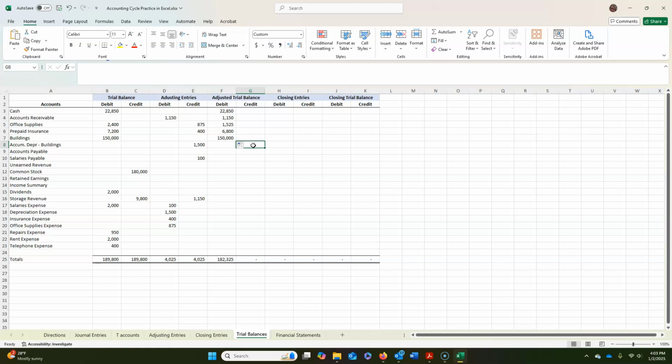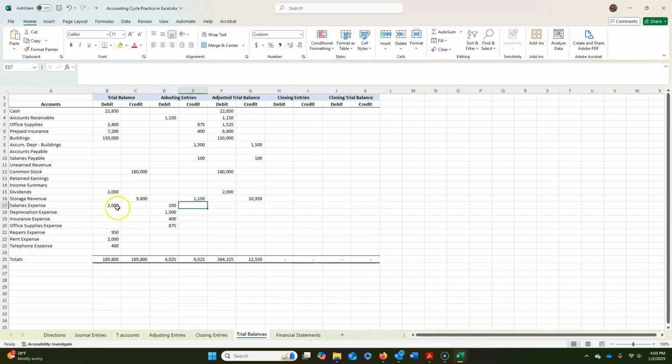So then I'm going to record these new ones that I have. The common stock didn't have any changes. Dividends didn't have any changes. This is a credit plus a credit.